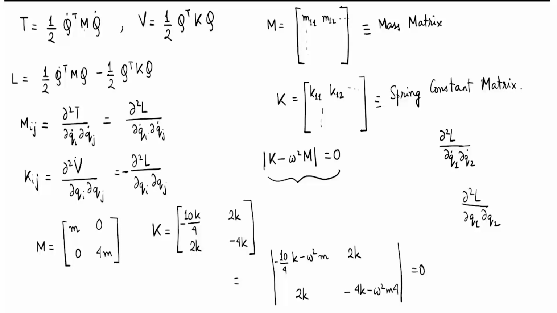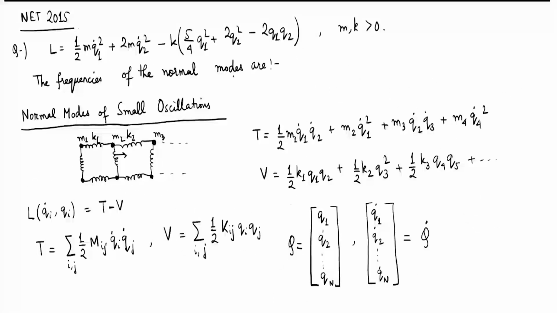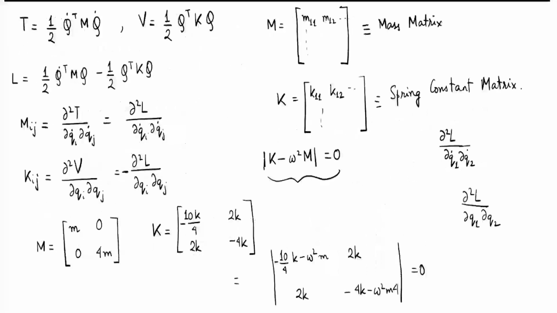The potential energy in this case is 5k by 4 q1 square minus 2k q2 square plus 2k q1 q2. This is T minus V, right? So here signs will be changed.